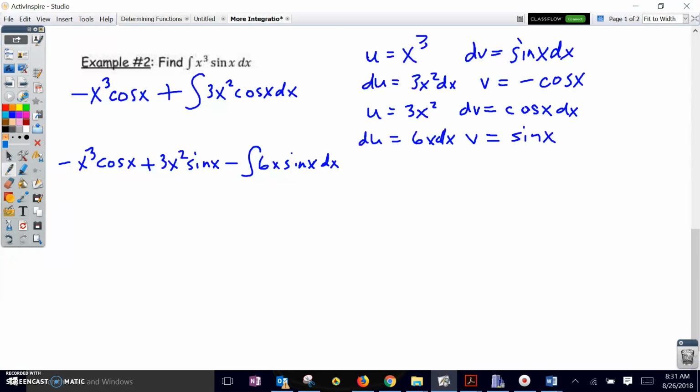And now we need to apply parts one more time here, a third time in this problem.